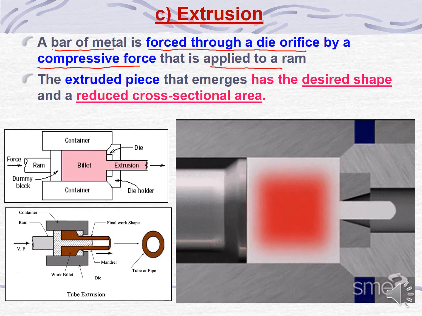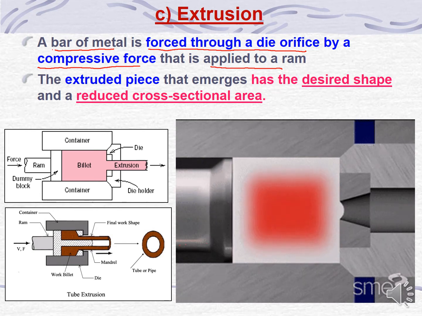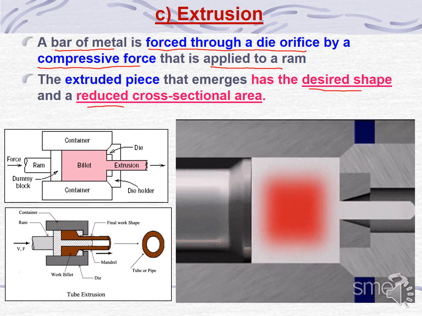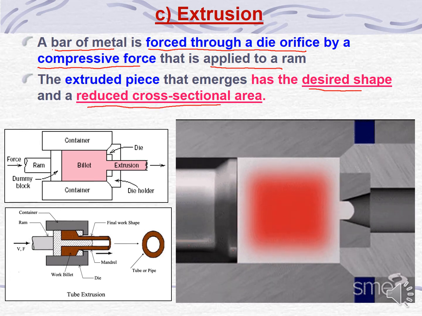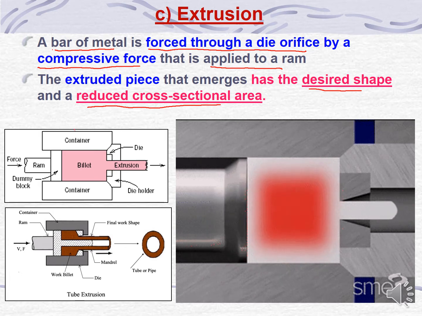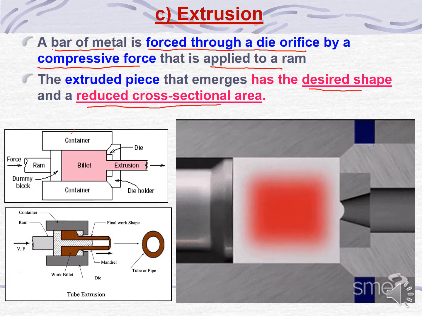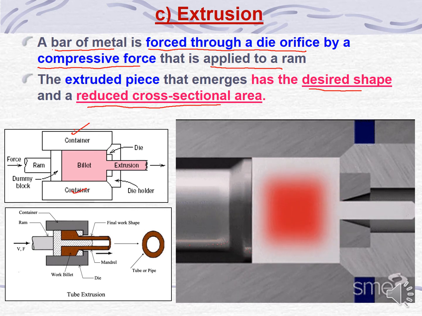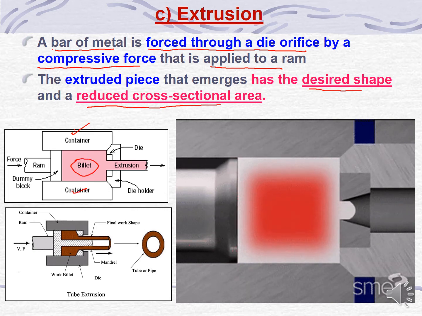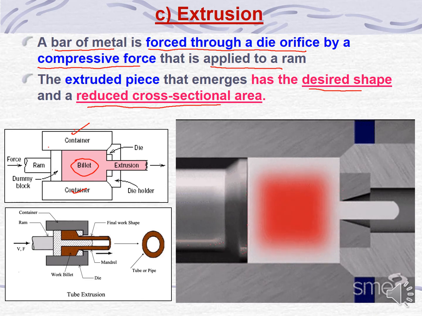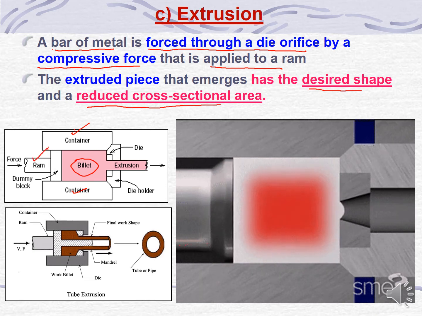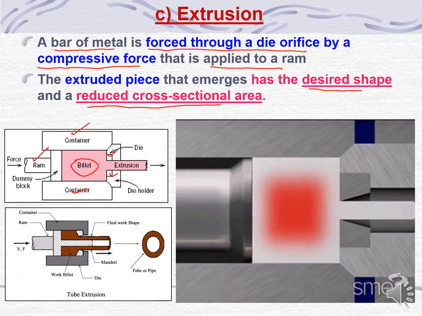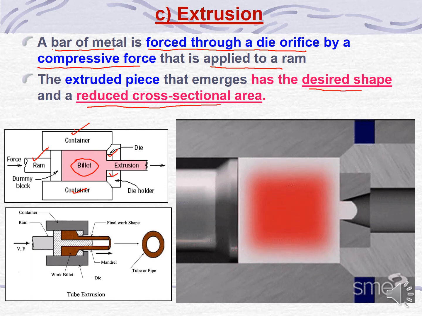The extruded piece has the desired shape and a reduced cross-sectional area. For this extrusion process, we need a container to put the metal billet, and then we need a ram and also a die, which has the shape of the final product.